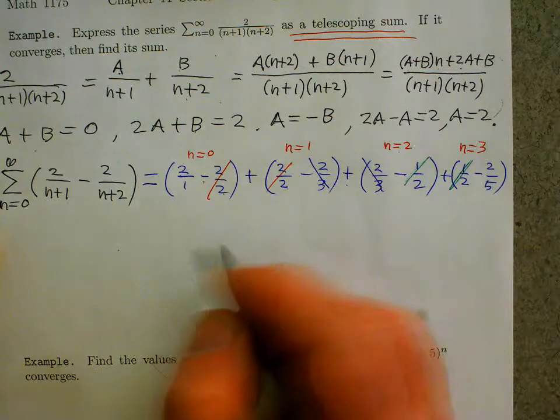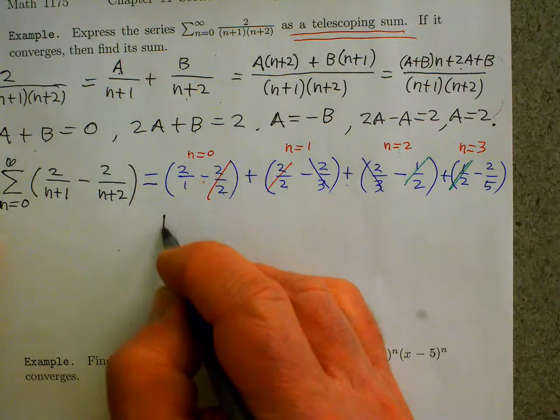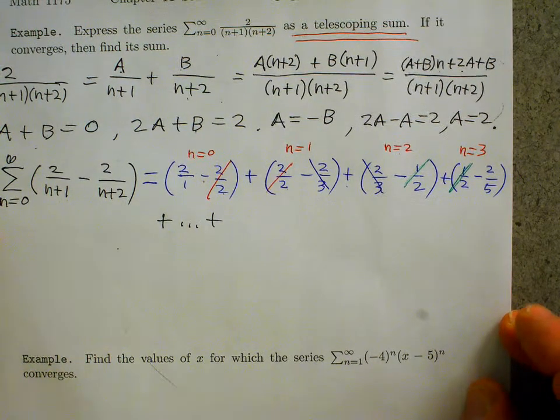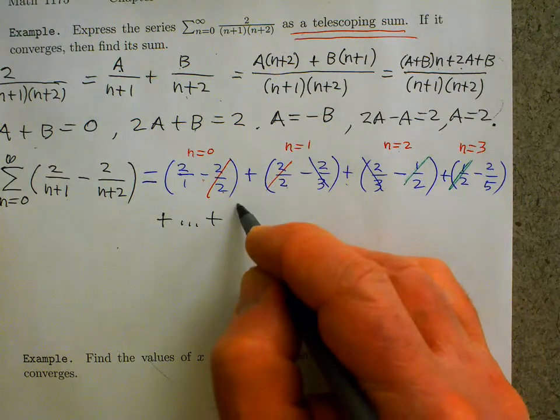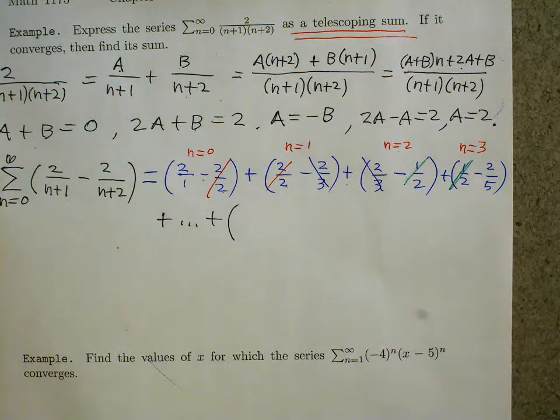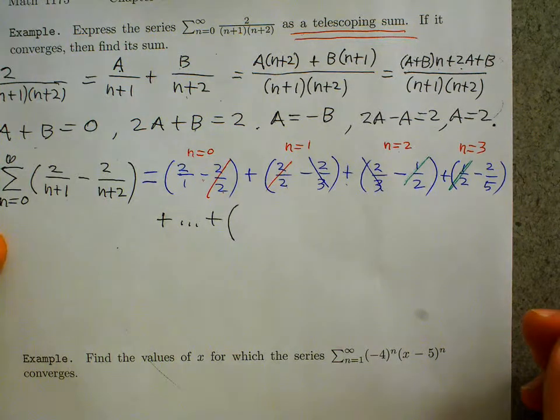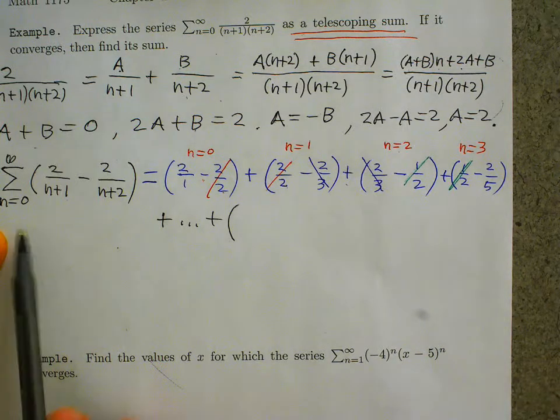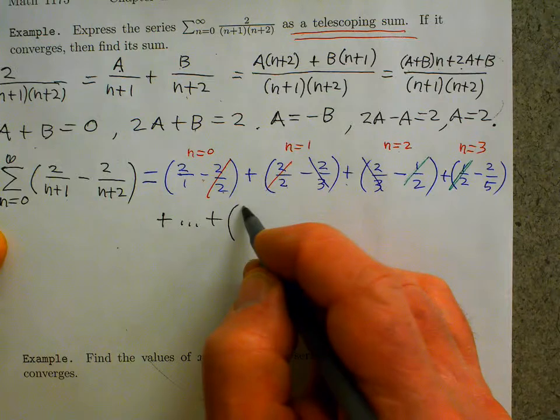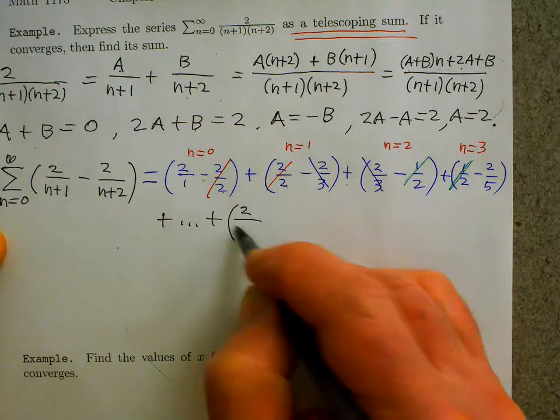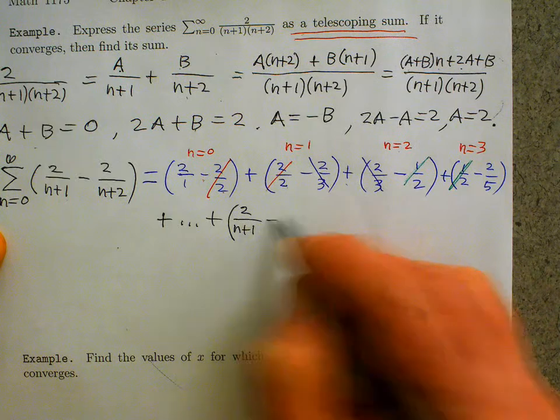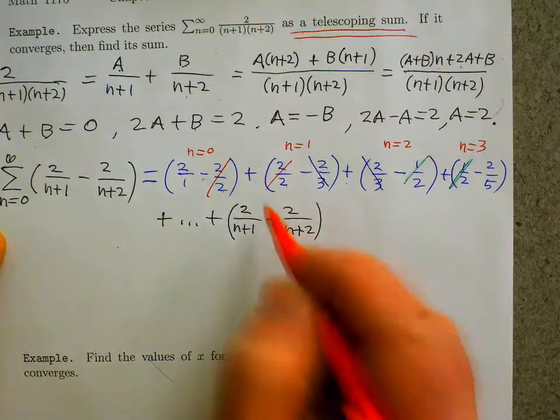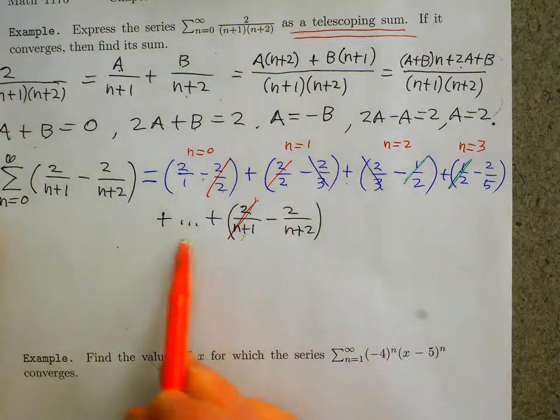So if we continue in that fashion, then the nth term is going to be 2 over n plus 1 minus 2 over n plus 2. But the idea is that this term is going to cancel with the one that came before it.